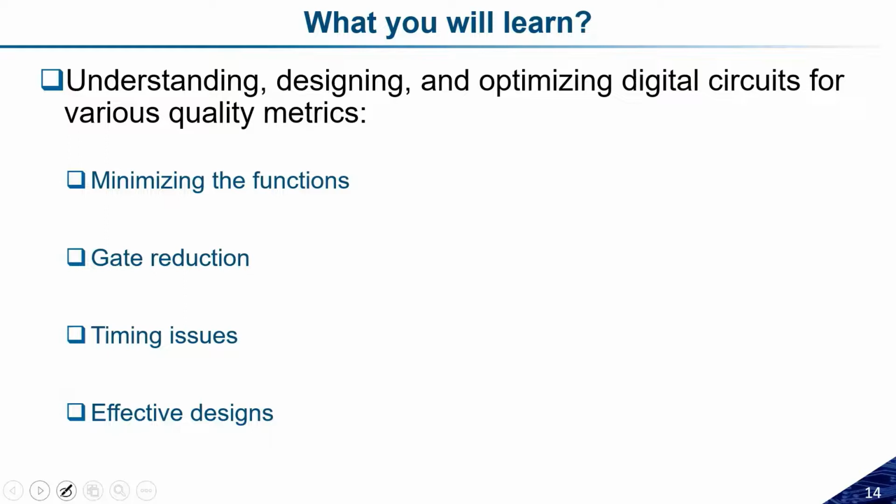So effective designing is the important consideration. Designing is not the problem; it is how effectively we are designing that circuit. Once you go through this course, you will be able to design your circuit very effectively.